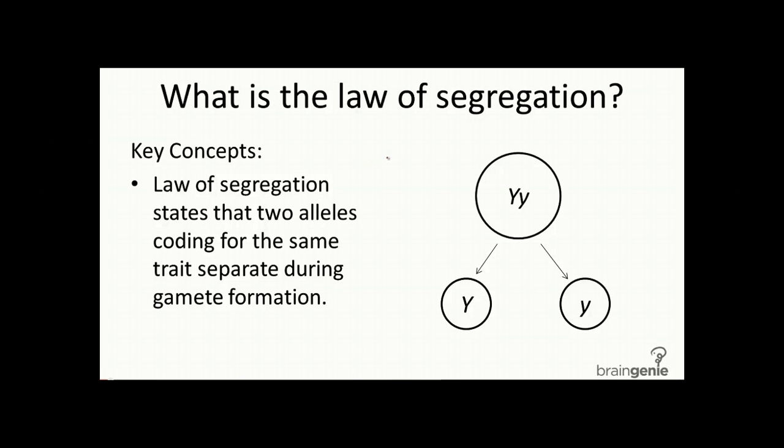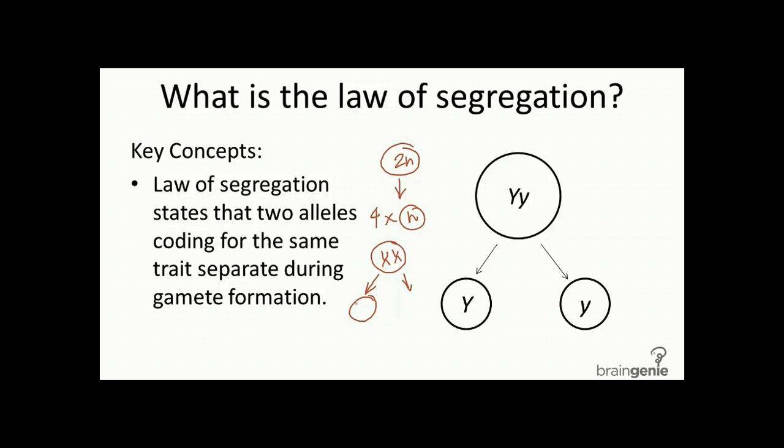Mendel's second law of inheritance is now known as the law of segregation. During gamete formation, a diploid cell will split into 4 haploid cells. Remember, during meiosis 1, the homologous pairs separate. This also means that 2 different alleles coding for the same chromosome will separate. So let's try drawing this out. You start with a diploid cell, and we'll just say it has 2 chromosomes to simplify things.